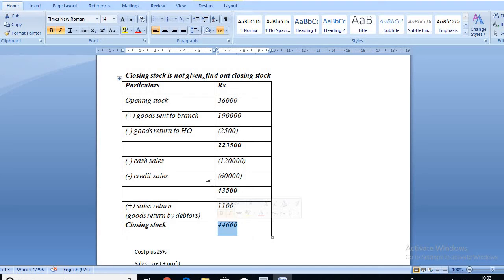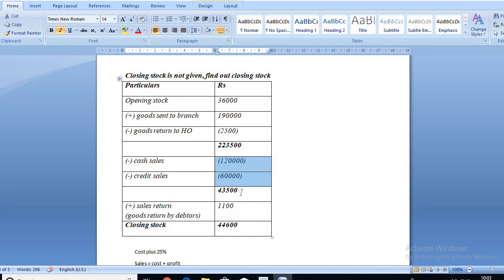Once again I repeat, the opening stock is 36,000, and goods sent to branch is 1,90,000. That should be added. And goods returned by branch is 2,500. That should be deducted because the goods were going out of the business. Now the value of stock is 2,23,500. From this amount we should deduct sales, because when we made sales, goods were going out of the business.